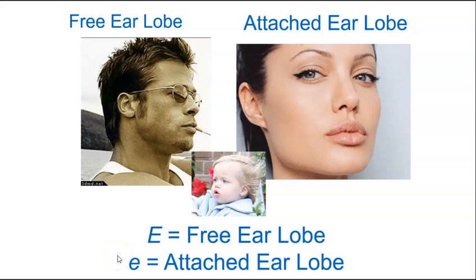And then the recessive allele would be a lowercase e, meaning that person has an attached earlobe. So we can see Angelina Jolie is homozygous recessive for an attached earlobe, whereas Brad Pitt has a free earlobe, and we can see that that dominant trait was passed on to their child. I believe that is Shiloh.